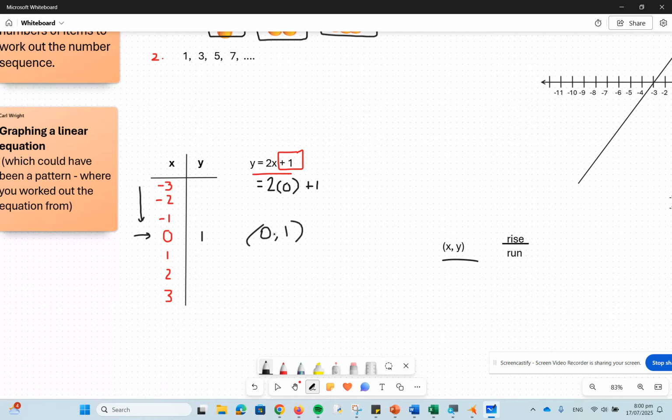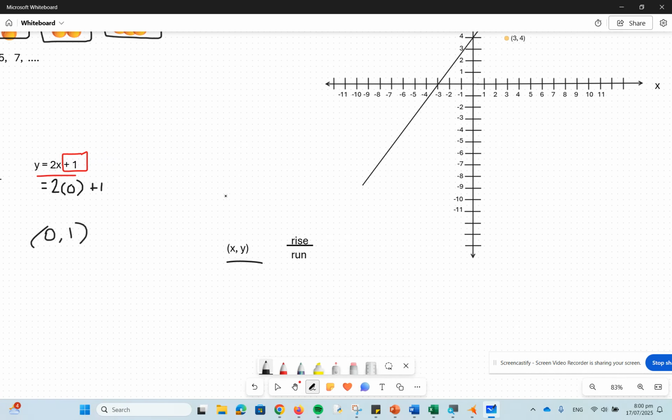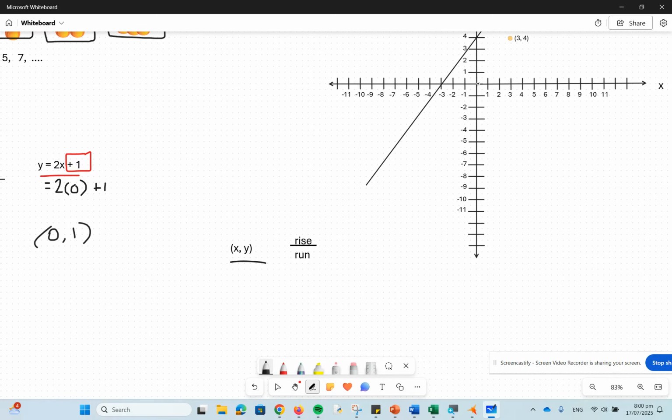So if I wanted to plot this, I could go over to my graph and go 0 along the axis and 1 up y. So that point would be around there. I'll just write the coordinates next to it, 0 and 1, so you understand what I'm plotting.